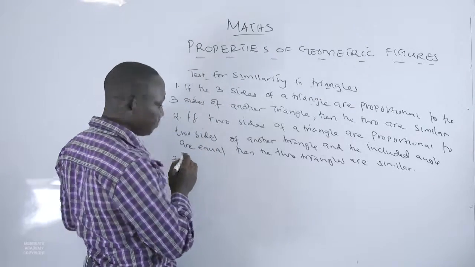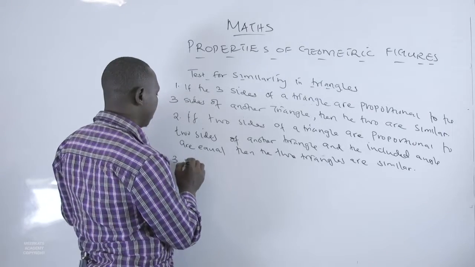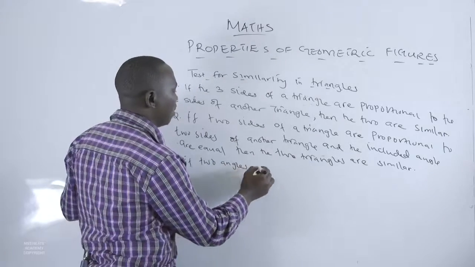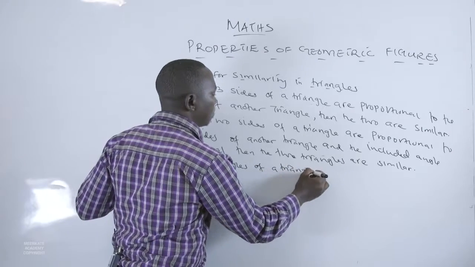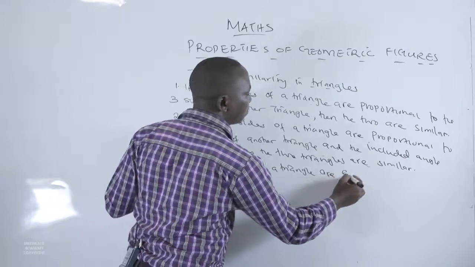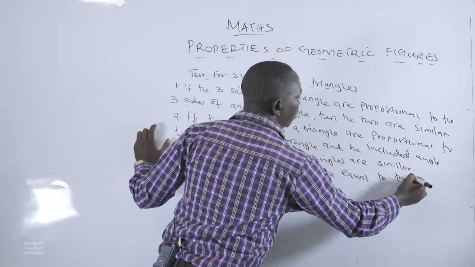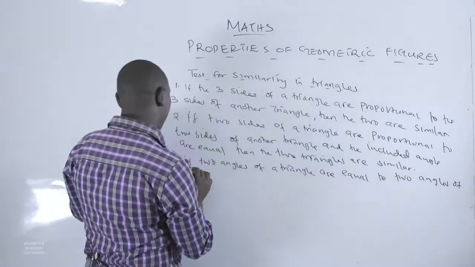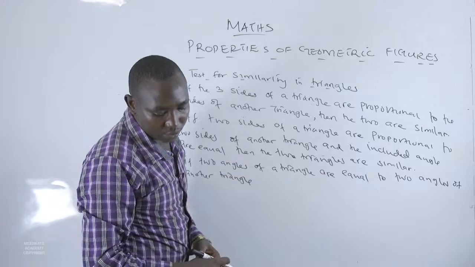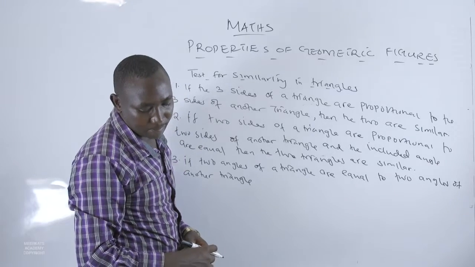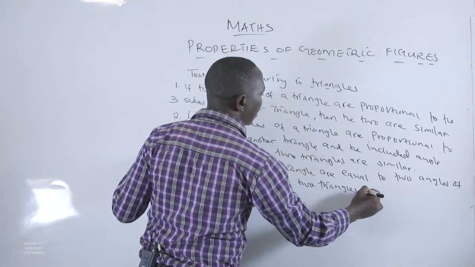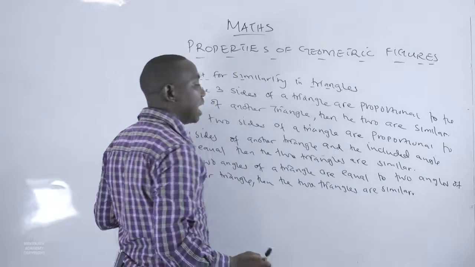Number 3, or test 3: if two angles of a triangle are equal to two angles of another triangle, then the two triangles are similar.